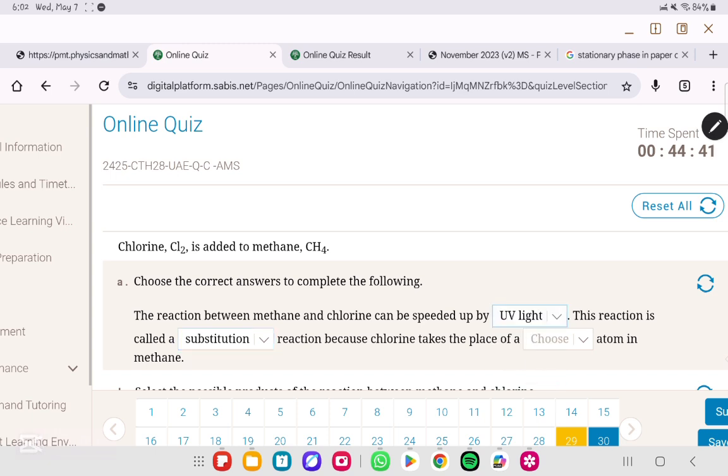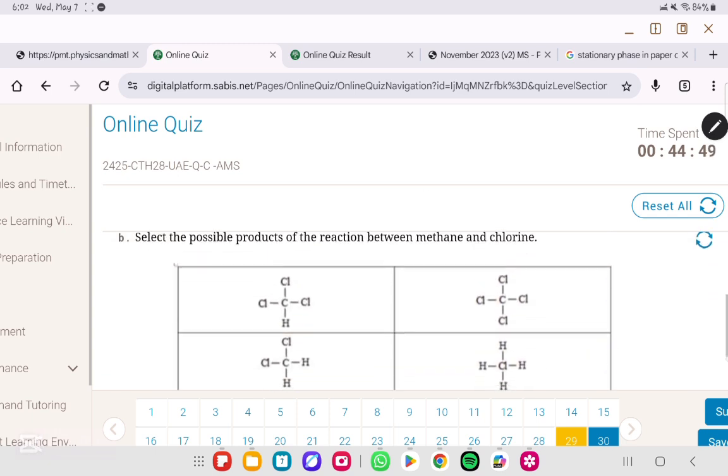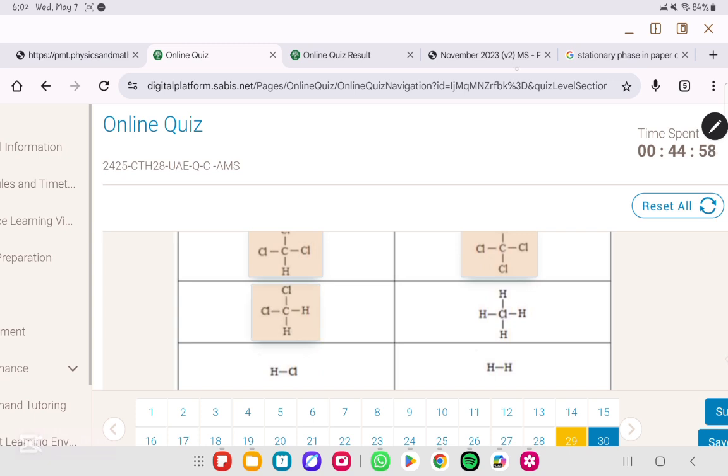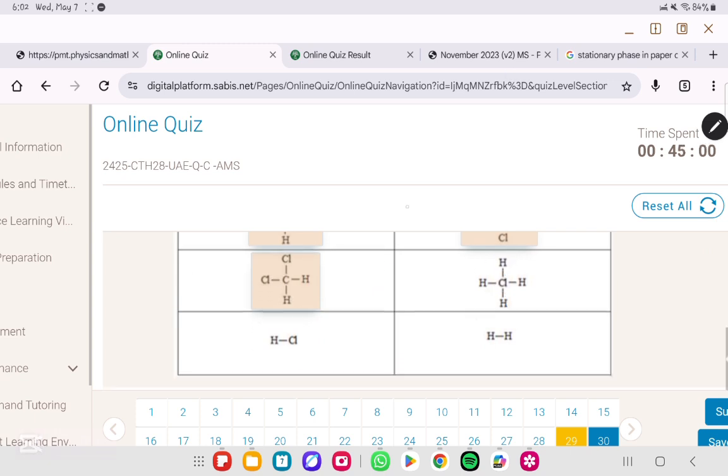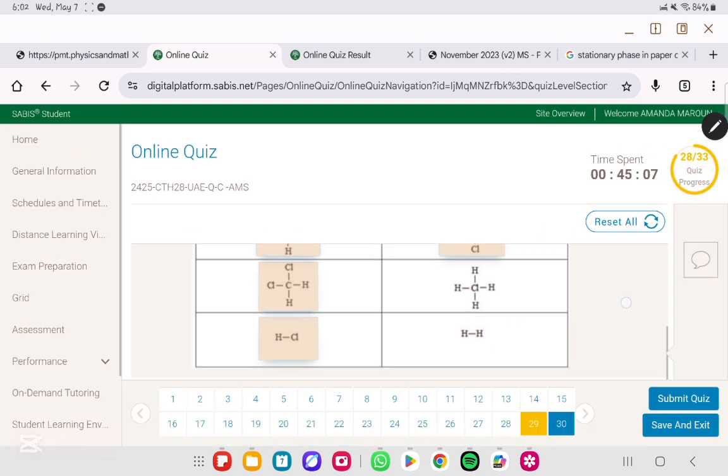And what's going to happen? Chlorine, because we're adding chlorine, is going to take the place of the hydrogen atoms. Now here you should know that in the middle you have to have a carbon, and surrounding it you should have chlorine or hydrogen. So this works. This does not work because we have chlorine in the middle. Another product we will have is hydrogen chloride. We're not going to have H2 gas, we will have only hydrogen chloride. So very simply, that's it.